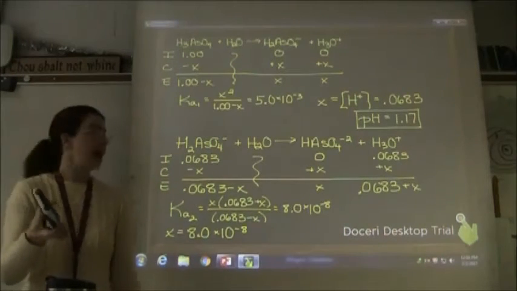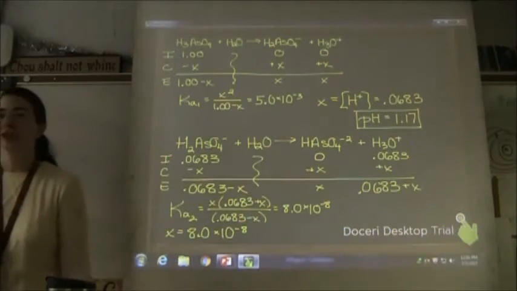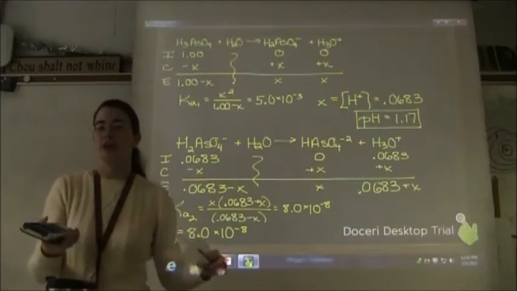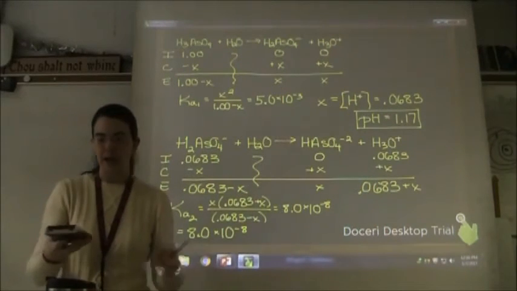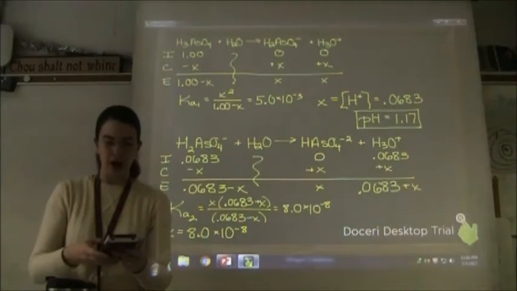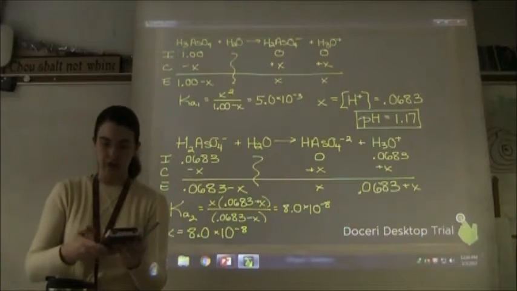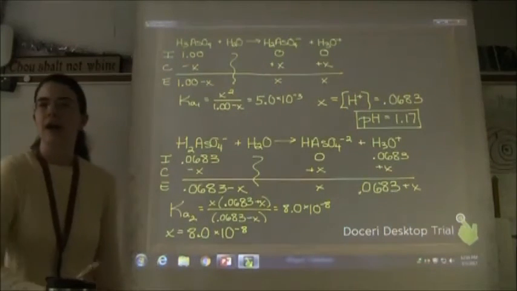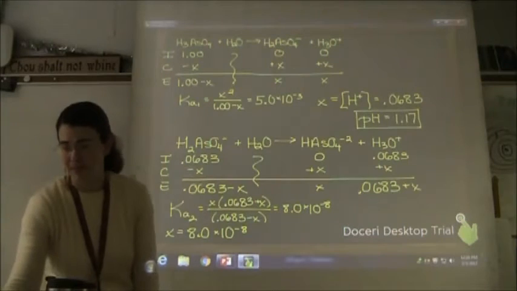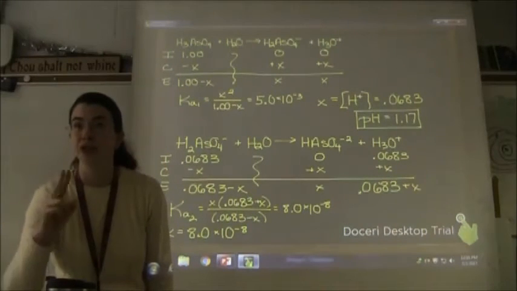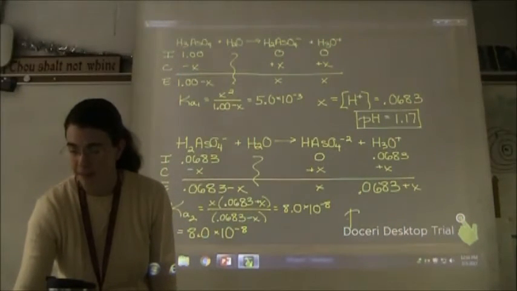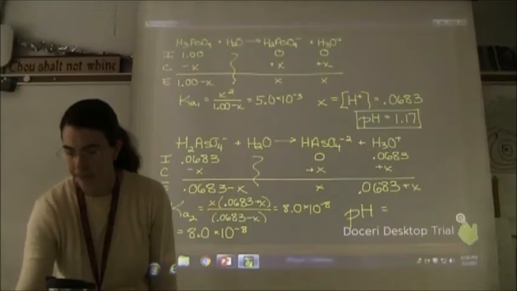Now, how do you get a pH from your H plus concentration? Negative log. Negative log it. Okay, negative log, second answer, enter. What's your pH? 1.161. Round that to 2 decimal places, please. 1.17.